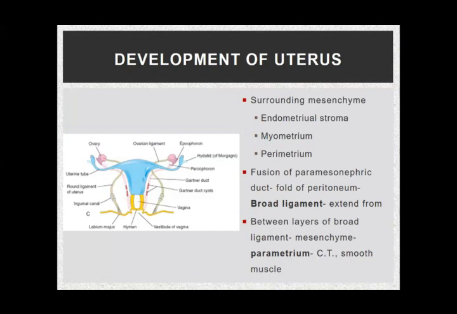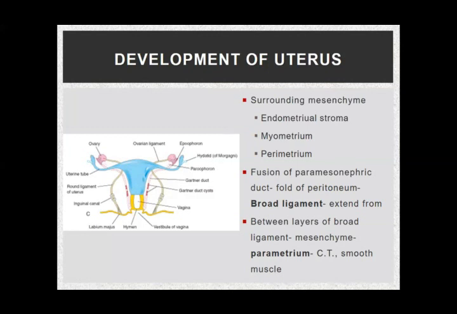Now, in between the layers of the broad ligament, you have embryonic connective tissue or mesenchyme. This mesenchyme develops into parametrium. Parametrium is simply smooth muscles and connective tissue lying between the layers of the broad ligament.